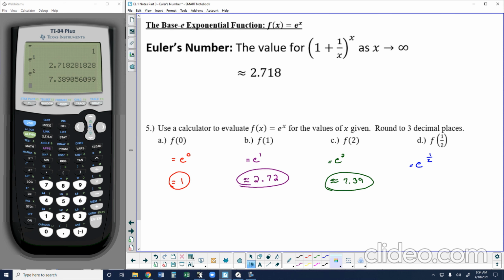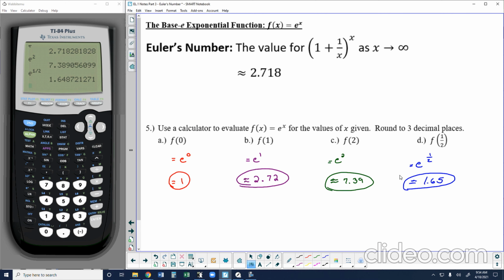This would essentially be the square root of e, which is going to reduce its value, and it would be approximately 1.65. We can use the calculator here. We're not going to evaluate these by hand, not for our purposes in Algebra 2.